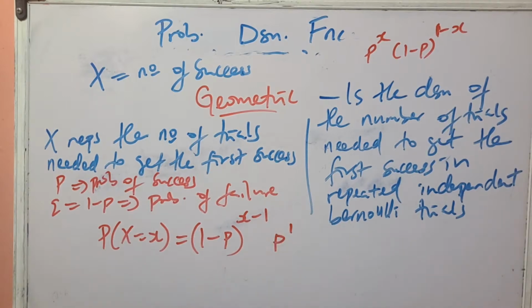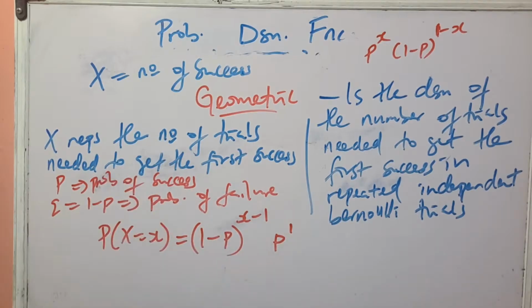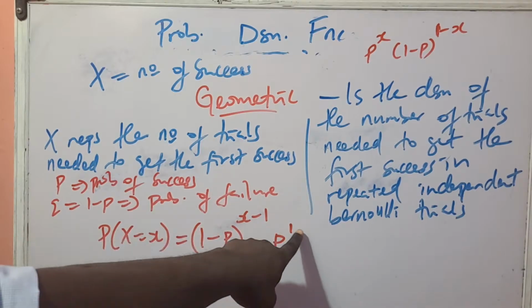All these things will help you to recollect this formula easily. Your number of success in a geometric cannot be 2, cannot be 3, cannot be anything other than 1. It must be 1. So that's why your PMF is having it as this.